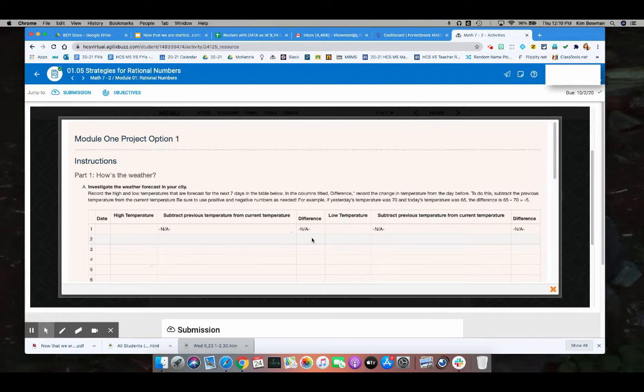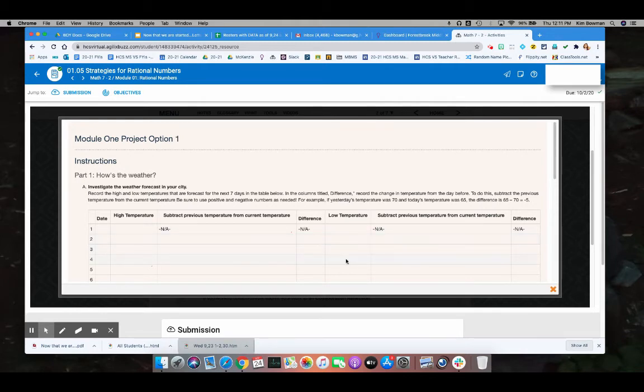So for instance, if 70 was the high and 65 was the high for the next day, you would do the 65 minus 70 right here in this blank, and then you would put -5 right here.